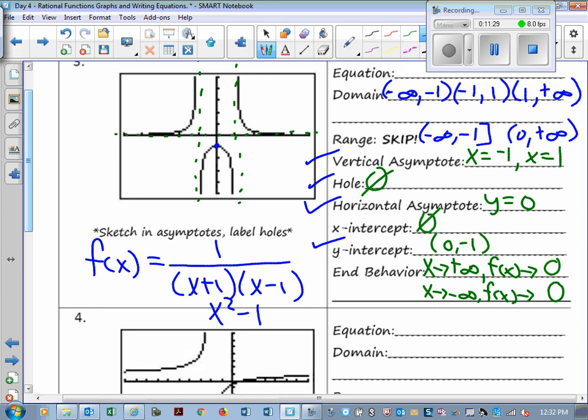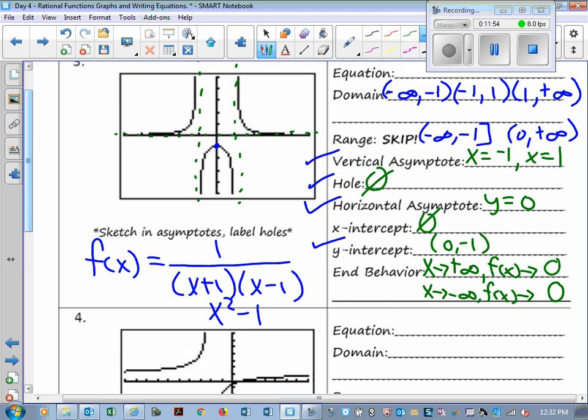What do you do about the x-intercept difference? If you put the x-intercept, that's why we're using zero, and then it equals 0.